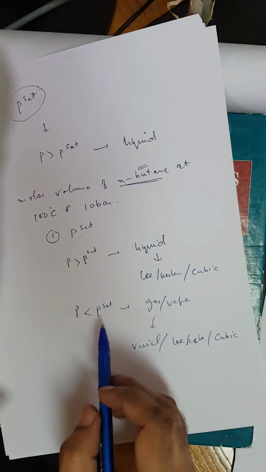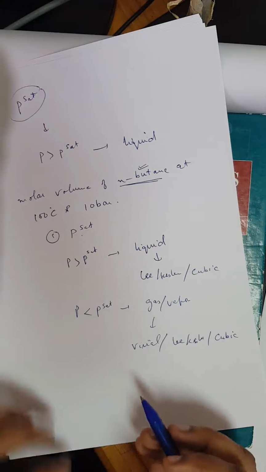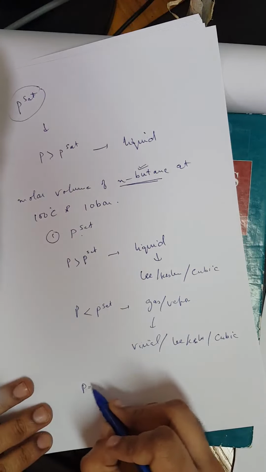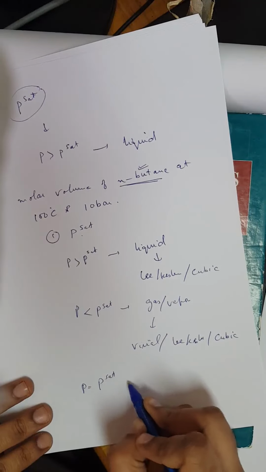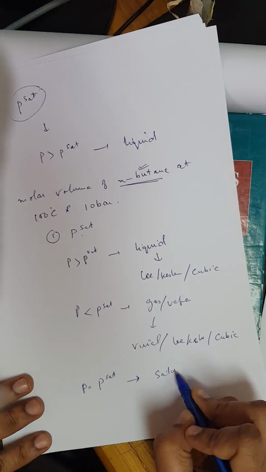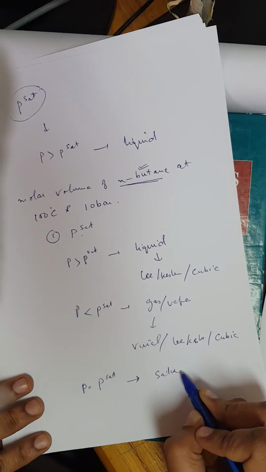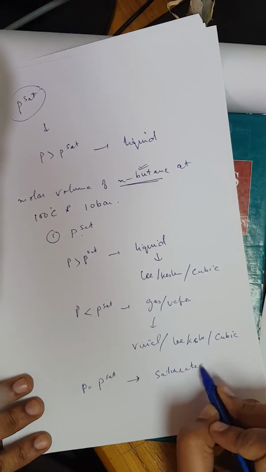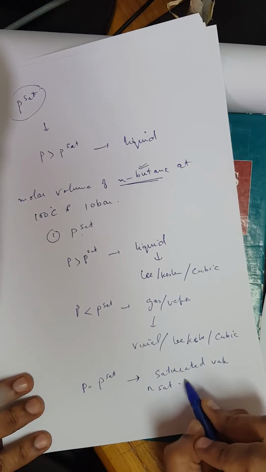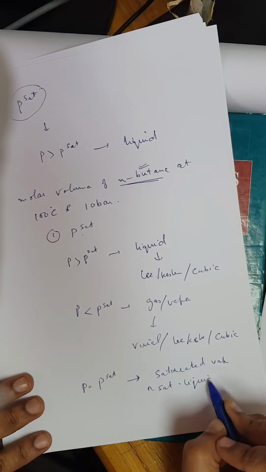If the pressure is above 50 bar, then you are not allowed to use the virial equation. And the last thing is, if P is equal to P sat, that means your vapor is saturated vapor or saturated liquid.